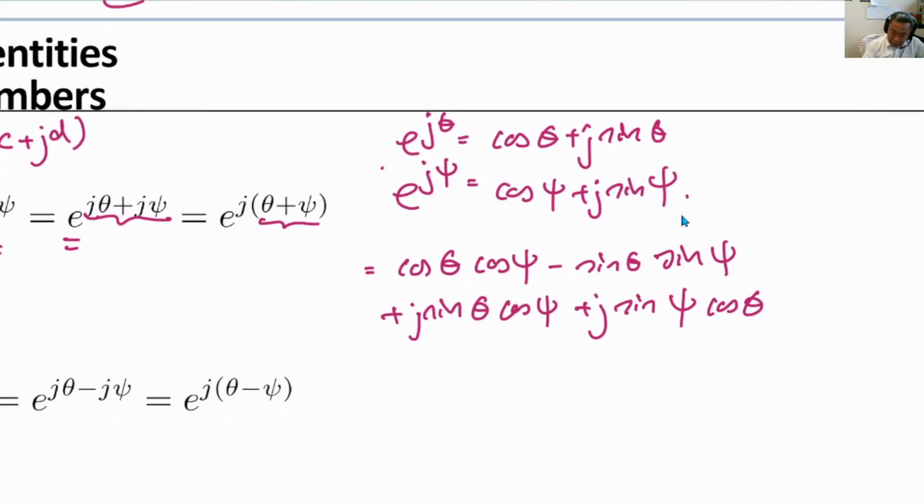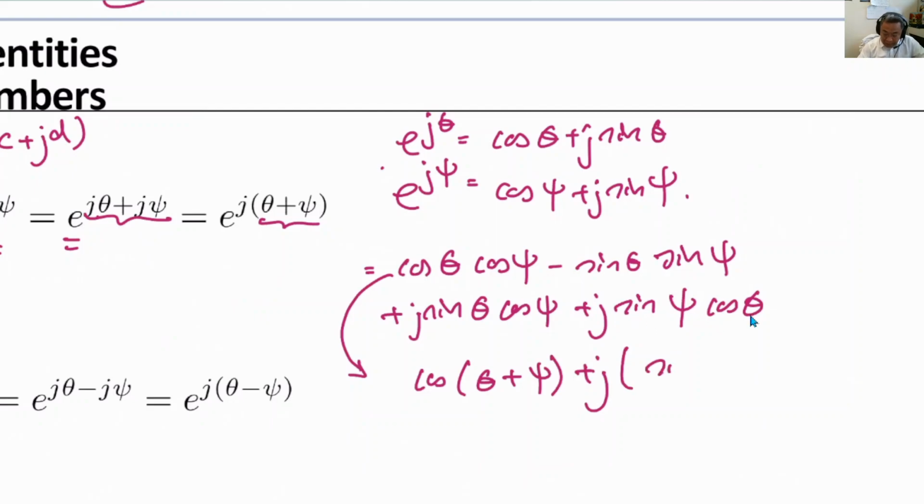Now, this term, cosine θ cosine ψ minus sine θ sine ψ, is cosine(θ+ψ). What about the second term? Well, we bring the j out, and then we have sine θ cosine ψ plus sine ψ cosine θ. This is sine(θ+ψ).